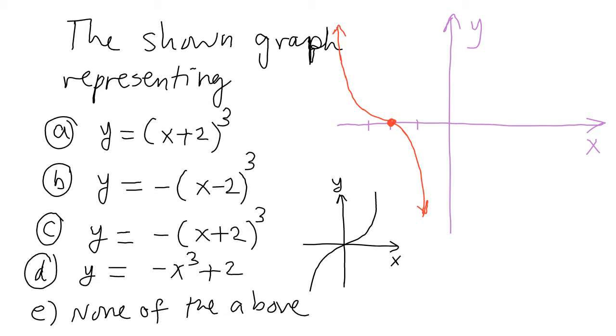If you reflect it about x-axis, above x-axis will go down, the down will be above, the same. So let us apply reflection about x-axis. Therefore, y equals minus x cubed.